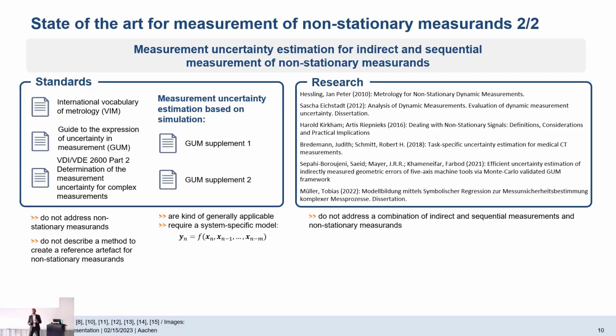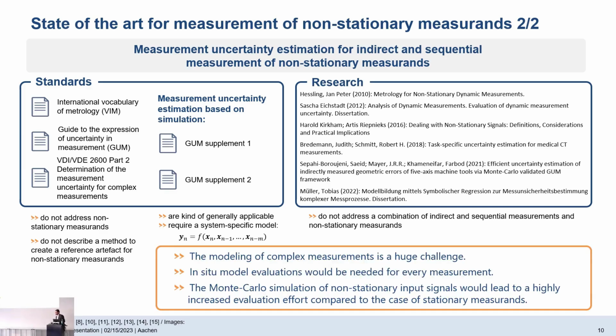However, I still can draw some conclusions here. So it would theoretically be possible to use this simulation-based method. However, then we would require a specific model for this measurement system. And this is still a huge challenge. Furthermore, in situ model evaluation would be needed for every measurement to provide an uncertainty.